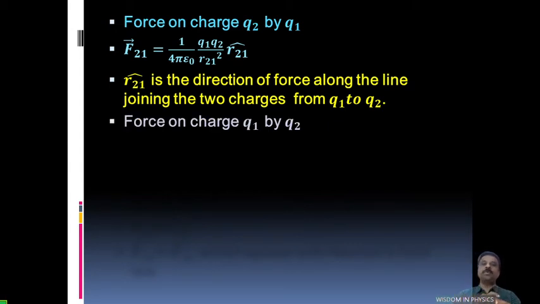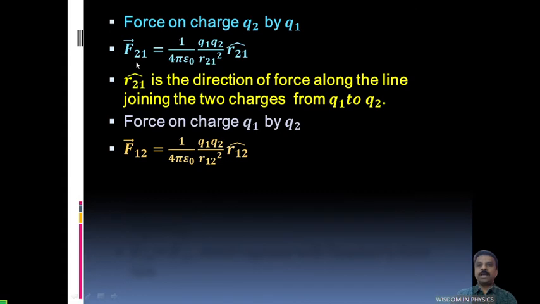Next, suppose you are interested to find the force on charge Q1 by Q2. This can be written as F12 vector equal to 1 upon 4 pi epsilon naught Q1 Q2 by R12 square R12 cap. So what is the difference between the two expressions?